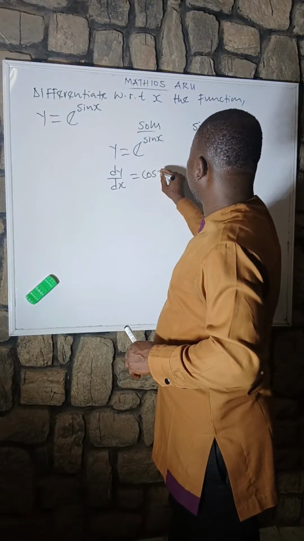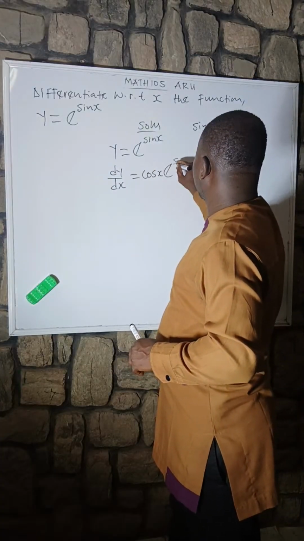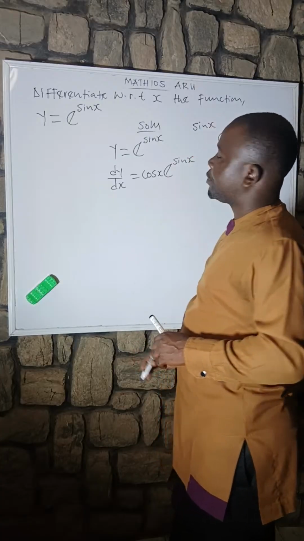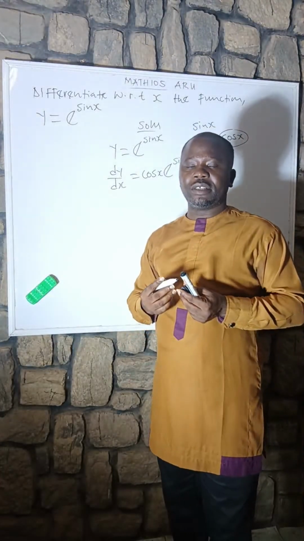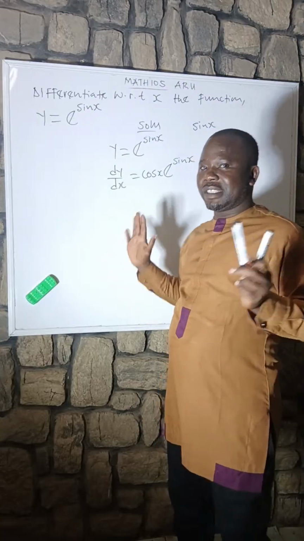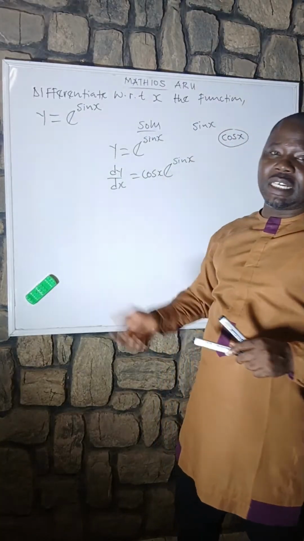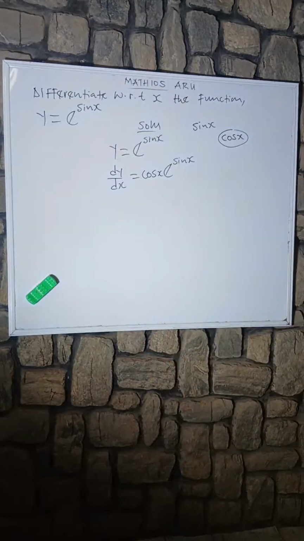It means cos x exponential sine x. Do you agree with me? That is all. This is the answer. Is it difficult? No, I don't think it's difficult.